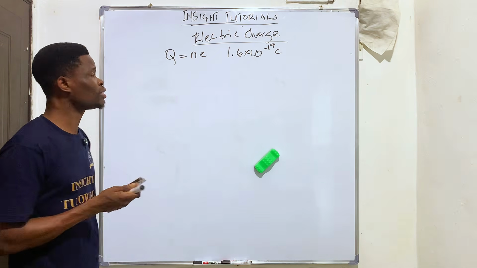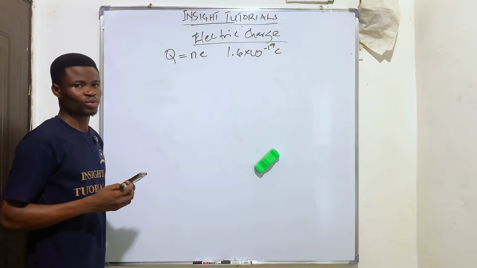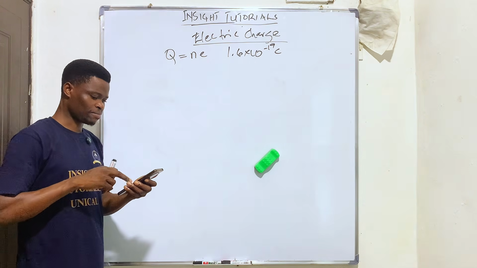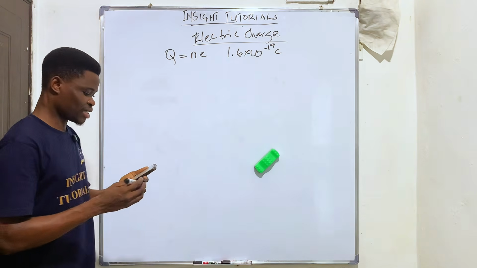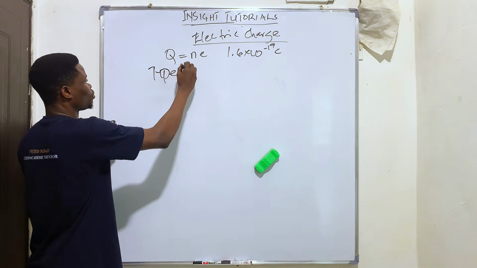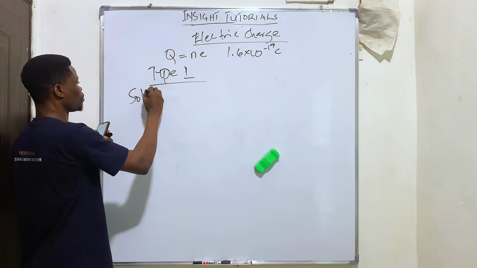So the type 1 kind of questions you expect on electric charge is when you are asked to find the total charge. So we're going to go into a question right now on that particular aspect. So now, let's say we have a question like this. So the first type, I'm going to take you through 3 types. So there's type 1, and that type 1 is solving for the total charge, which is Q.